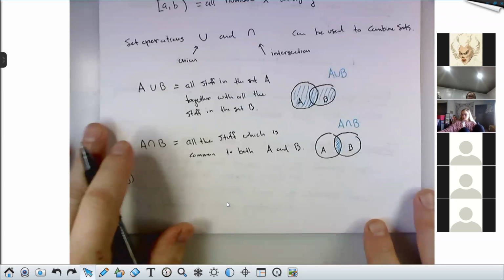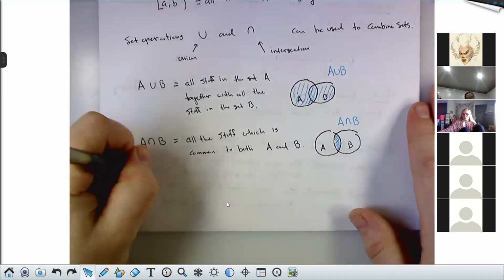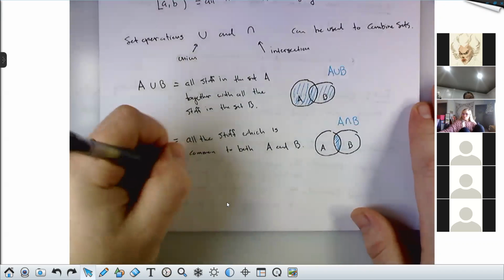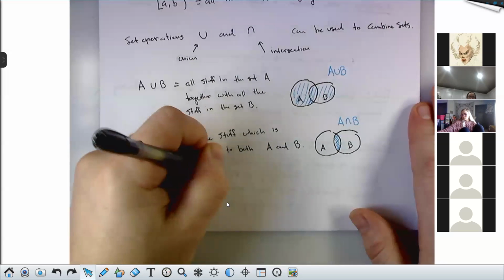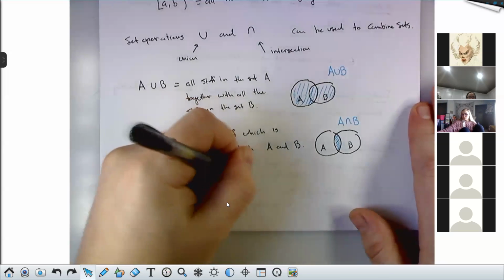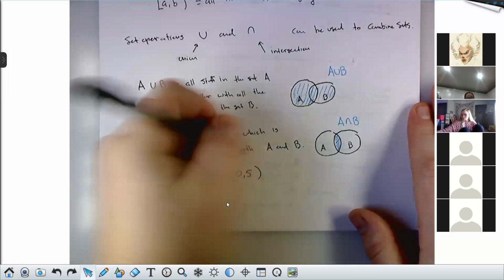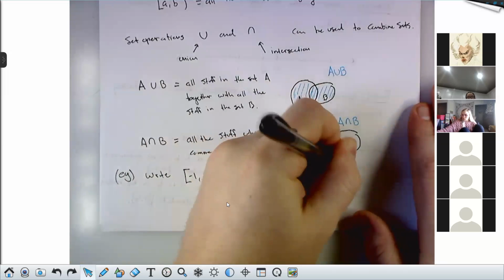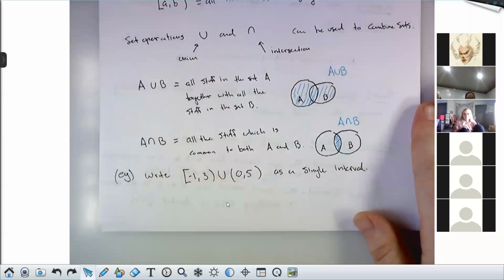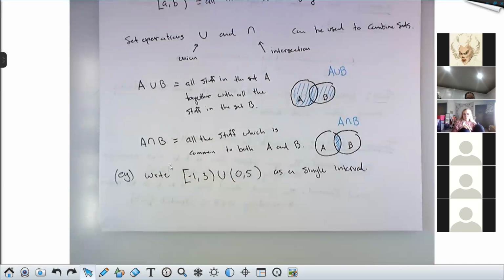Let's try one quick problem here. Can I take the left closed right open interval from -1 to 3, and the open interval 0 to 5, and compute their union?